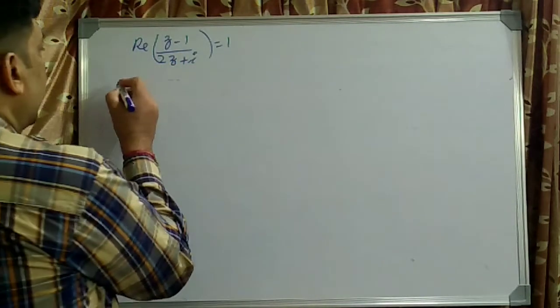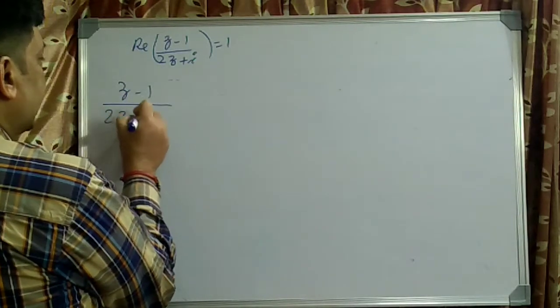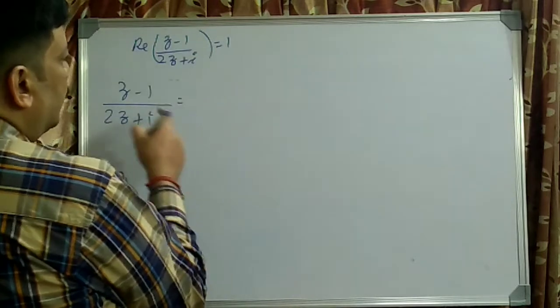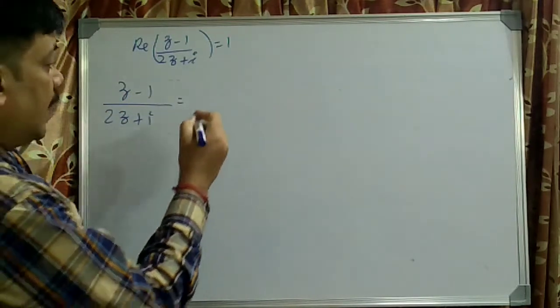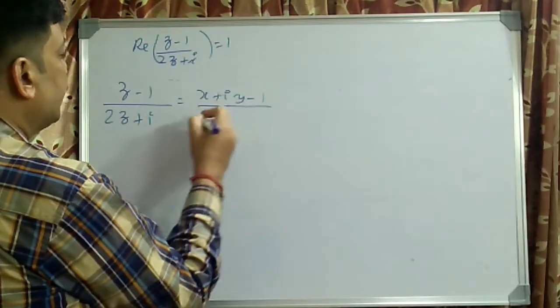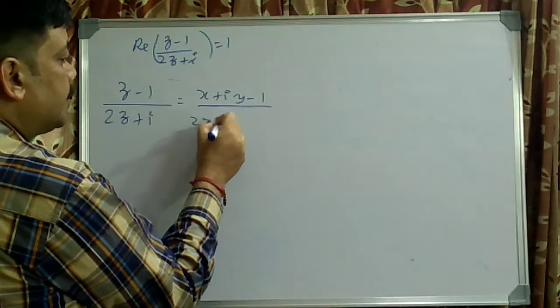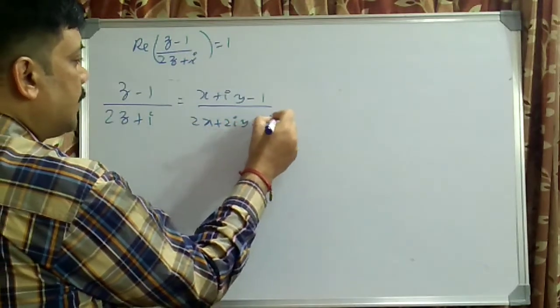So I am considering (z minus 1) by (2z plus i). So this is equal to, in the place of z, I am putting x plus iy. So (x plus iy minus 1) by (2x plus 2iy plus i).